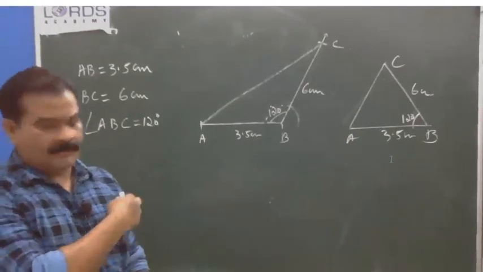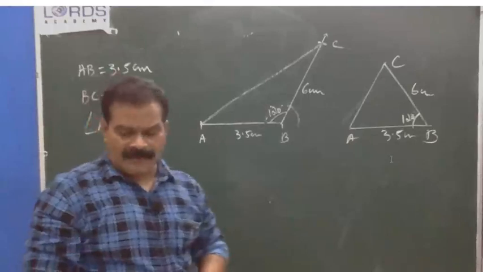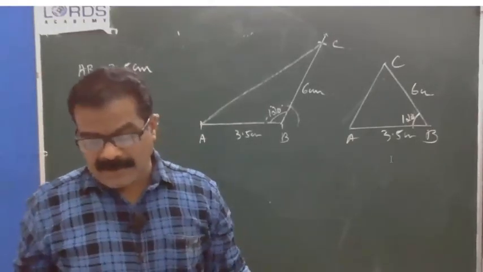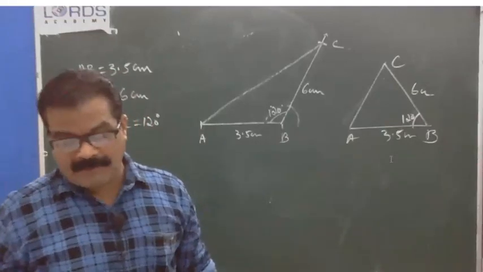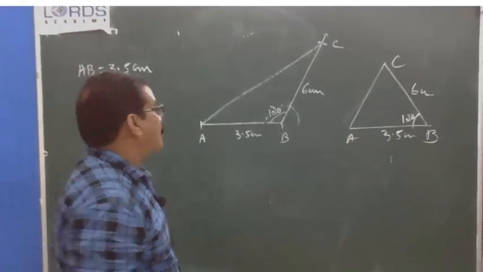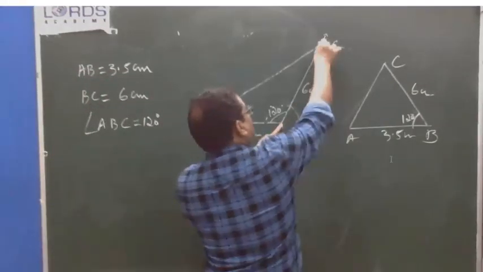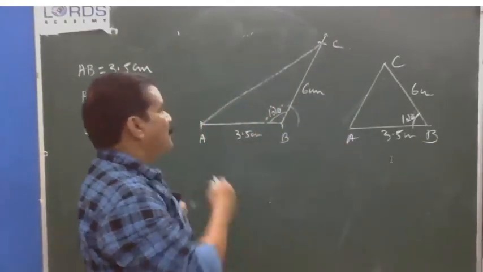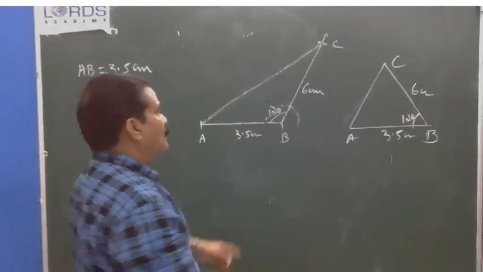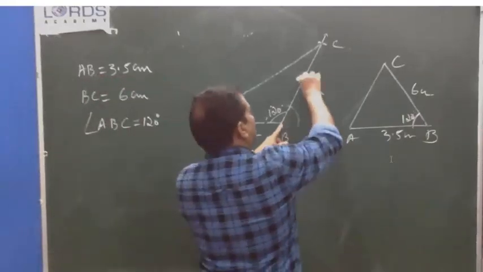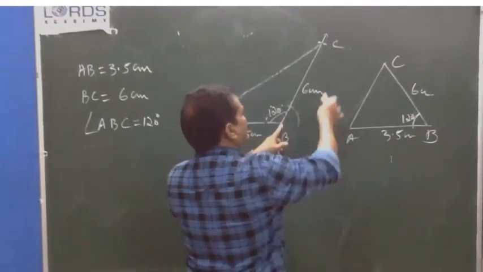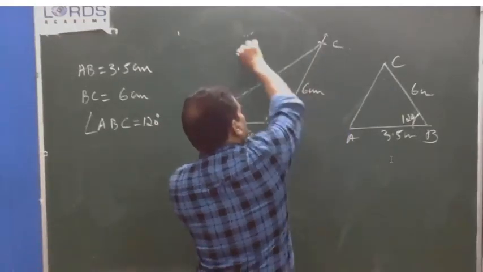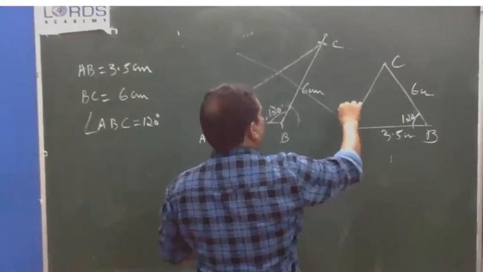The next question, this first is over. Second is, in the same diagram, draw a circle with BC as diameter. How can you draw this? For this, you find the center of the circle, taking it as a perpendicular bisector.